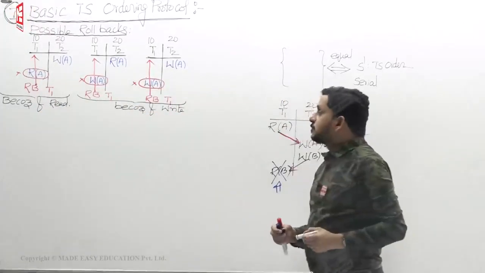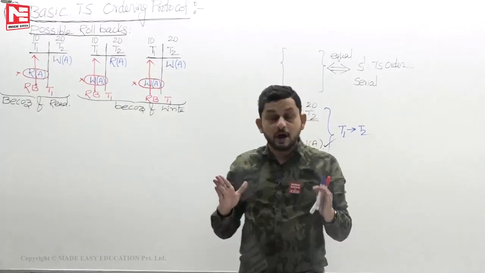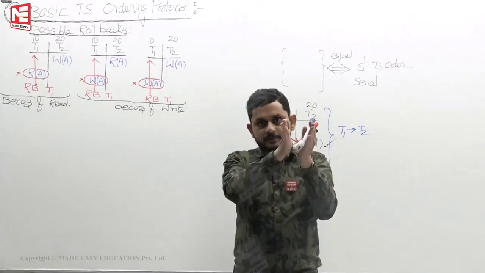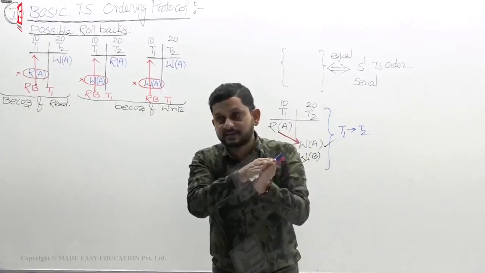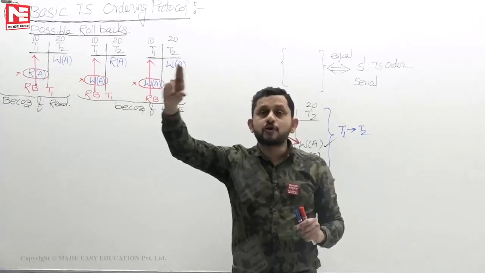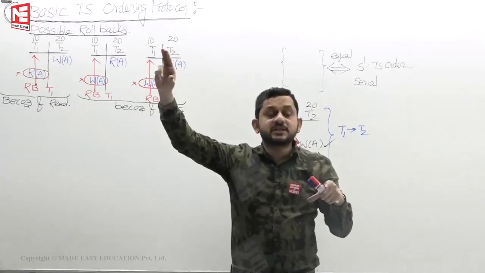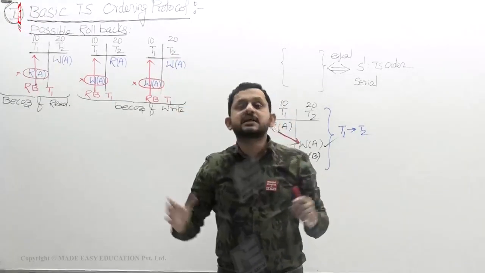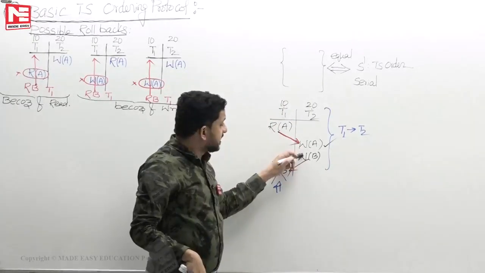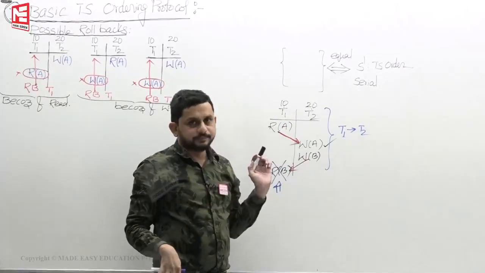These are the three possible rollbacks in basic timestamp ordering. If the conflict pair precedence and timestamp order are not the same, timestamp ordering 10 before 20 but conflict pair precedence T2 before T1, then such a conflict pair is not allowed. But if the conflict pair precedence and timestamp order are the same, then the conflict pair is allowed.